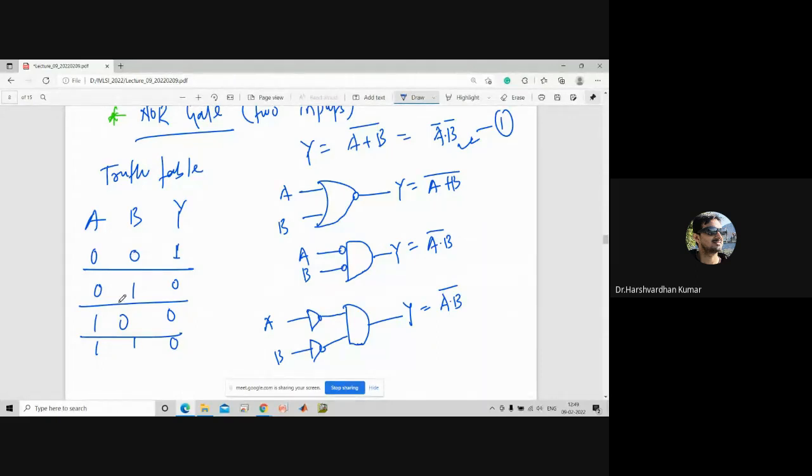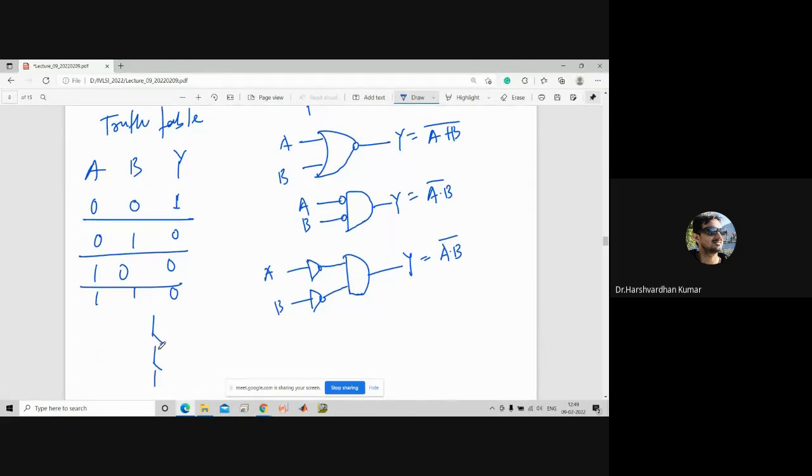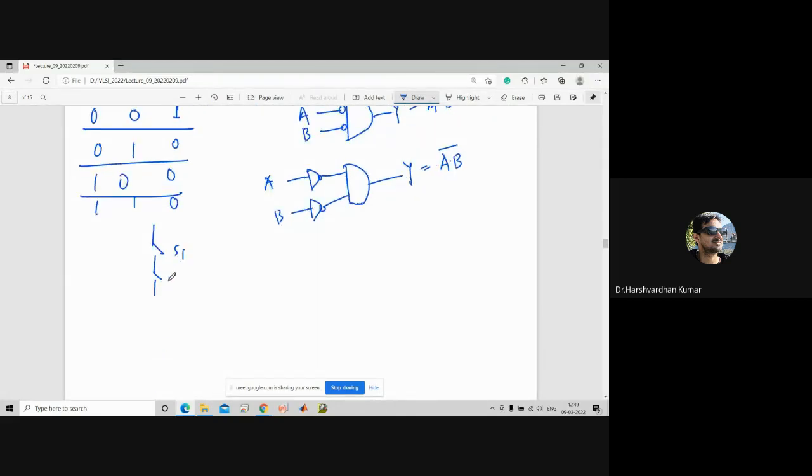Again, I am drawing. Here you can see the switches; let us say this is S1 and this is S2. Let us consider this is PMOS, so this switch has been made using PMOS. For 0, 0, let us say here you are getting the output.